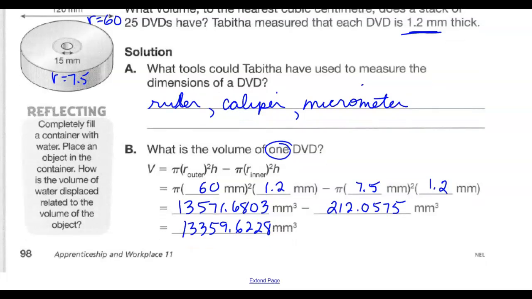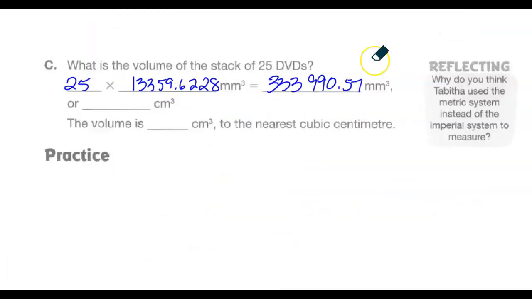Then on the next page, we multiply 25 by the volume of a DVD, and we get 333,990.57 millimeters cubed, but it's now asking us for centimeters cubed. So remember that there's 10 millimeters in a centimeter.